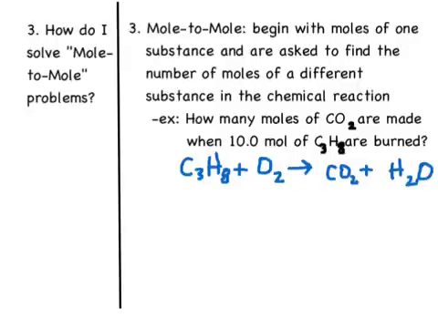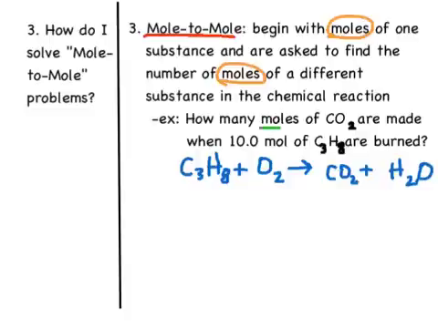To solve mole-to-mole problems, we have to know what mole-to-mole means. Mole-to-mole begins with, you guessed it, moles of one substance. In the question, you're given moles of one substance in the reaction, and you're asked to find the moles of a different substance. Here's an example.